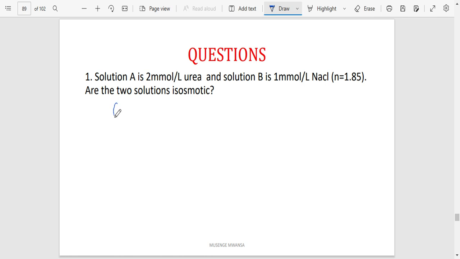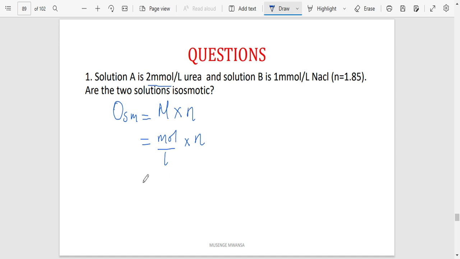The first thing, we need to determine the number of osmoles. Number of osmoles, remember, is given by molarity multiplied by N. And we know molarity is given in basically mole per liter, and then we are going to multiply that by N. So this one is already in mole per liter, meaning that we don't need to struggle with it.